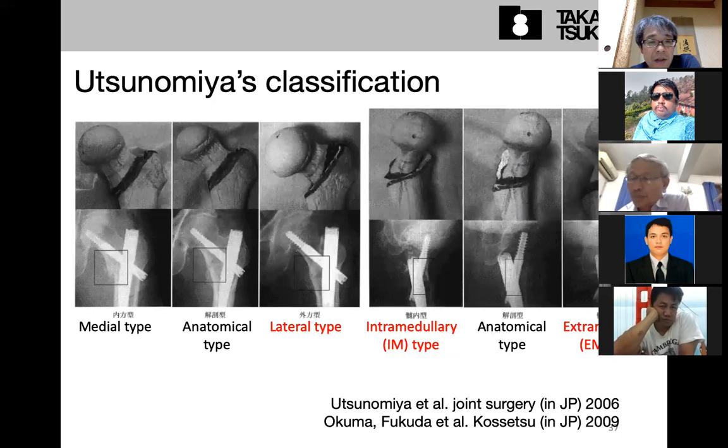So many Japanese surgeons prefer to use this classification system. Recently, many surgeons try to reduce the bone fragment at least to the anatomical type, and if possible to the extramedullary type, to achieve bony contact after fixation of the fragment.